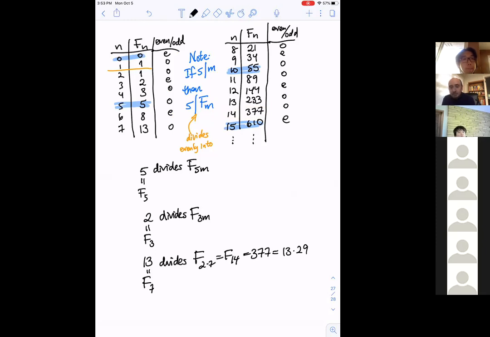So you might guess. You see where we're headed. Fk divides F where the subscript is a multiple of k. And I guess I want to assume k and m greater than or equal to 0.